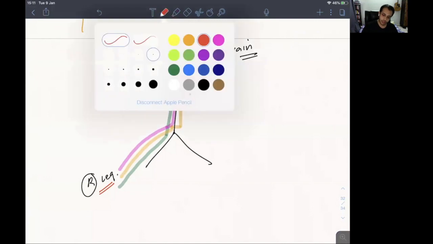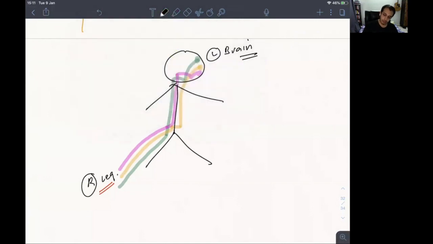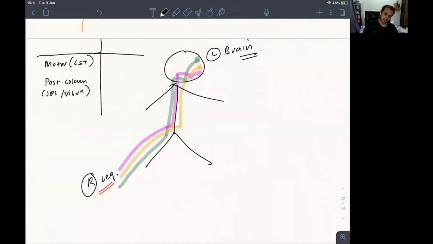So what this means is that both your motor, that is your corticospinal tract, and your posterior column, so that is your joint position, sense, and vibration, they are both ipsilateral on the spinal level.